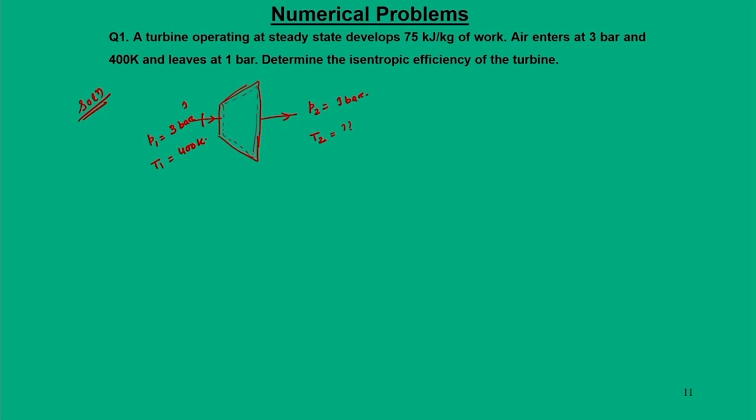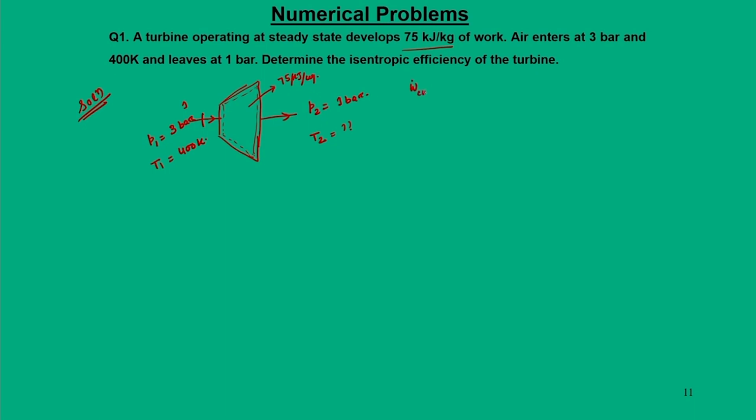That means if you do the control volume analysis, the work output it produces is 75 kilojoule per kg. So, we can assume that this is your actual work.